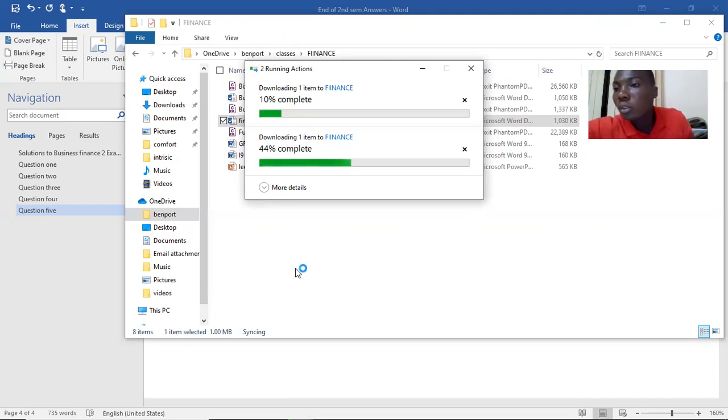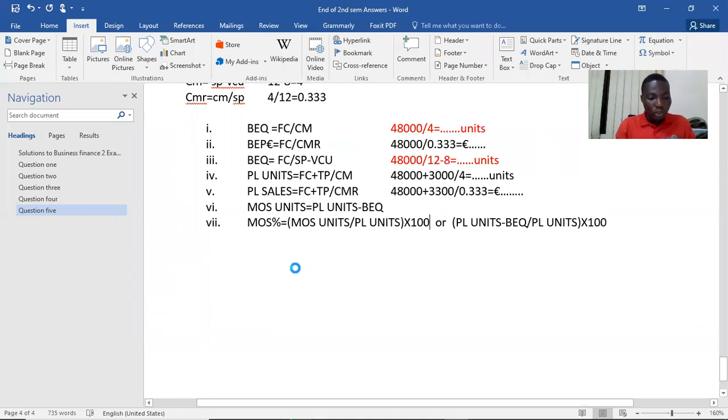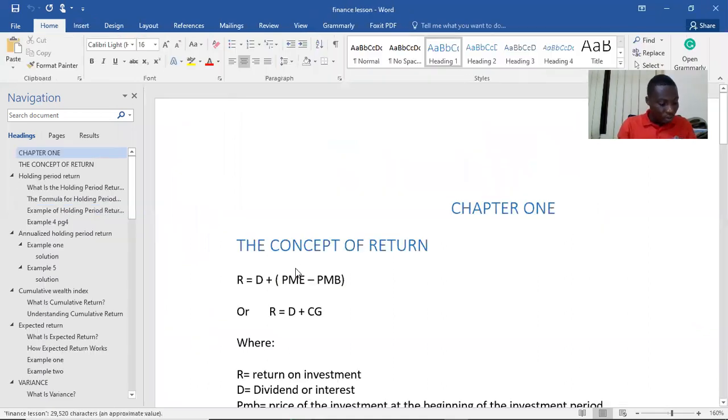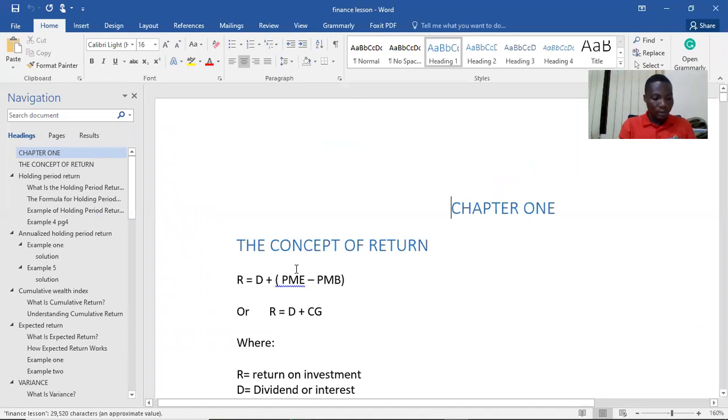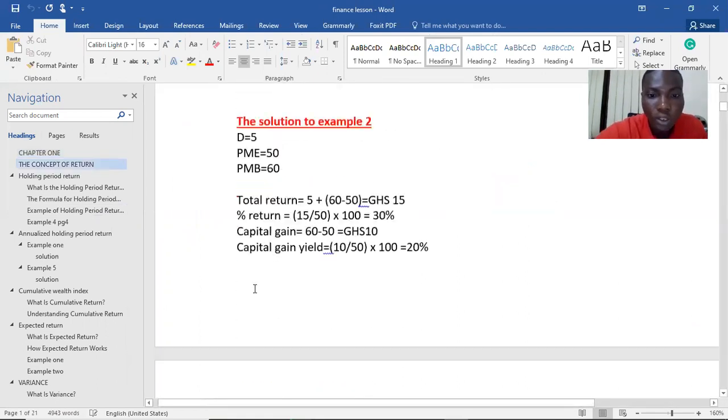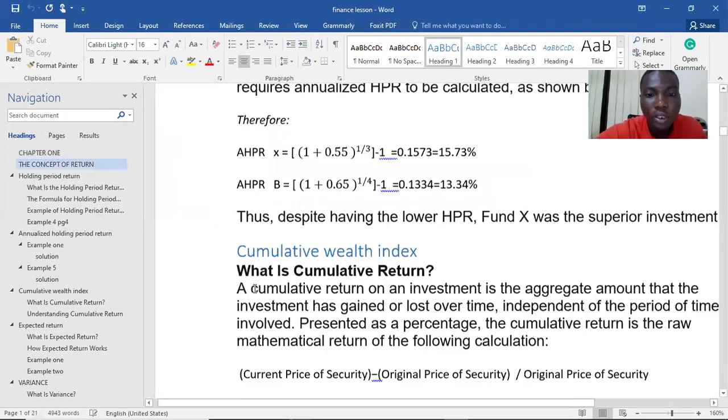Now, the very first thing you are supposed to do is to find covariance. If you are unable to find your covariance, you'll be found wanting. If you don't know how to find covariance, you'll be found wanting. Let me see if I'll see it.